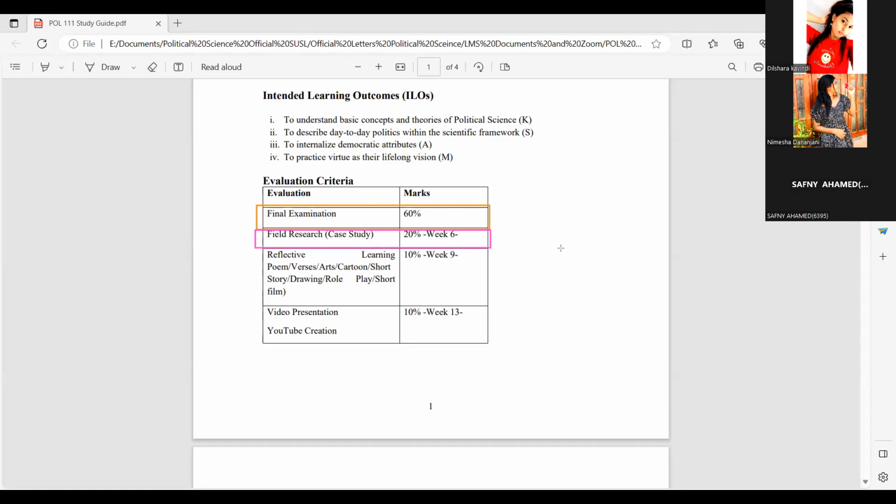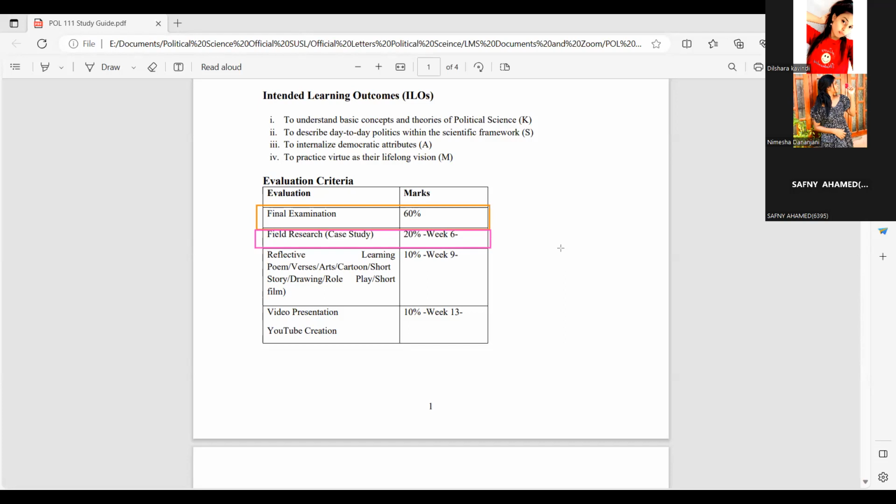So then I'm going to suggest, first take the theoretical knowledge, the concepts and theories which we are going to discuss in our class.